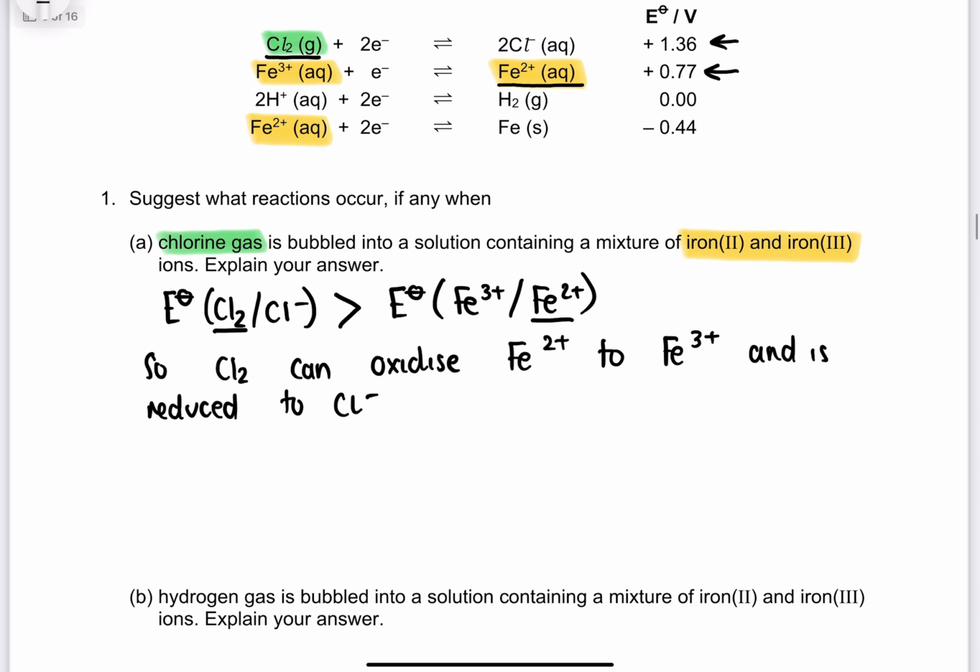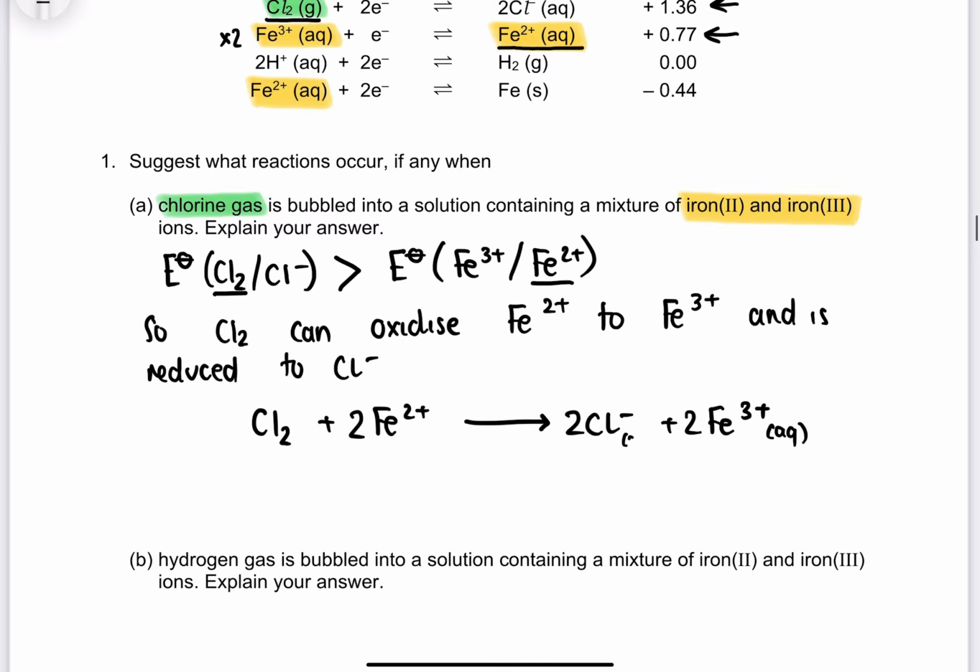So we can put those equations together. To put those equations together, we are going to have to double this one, and remember it's going backwards. So we've got chlorine plus 2 Fe2 pluses go to 2 chloride ions and 2 Fe3 pluses.